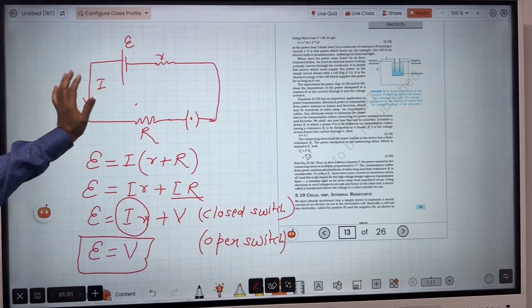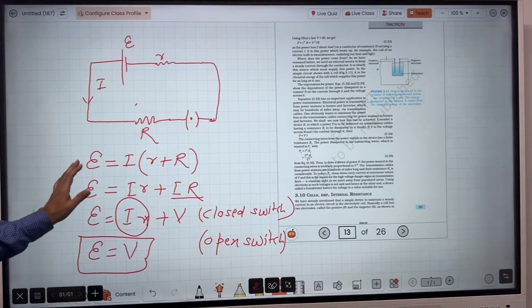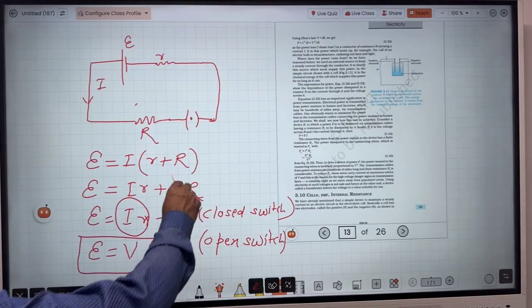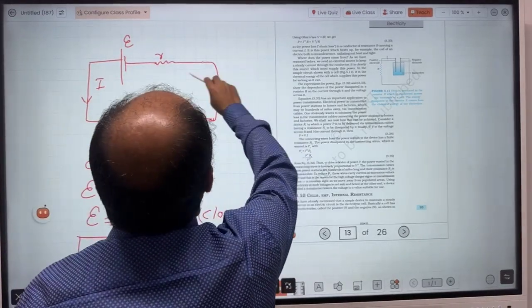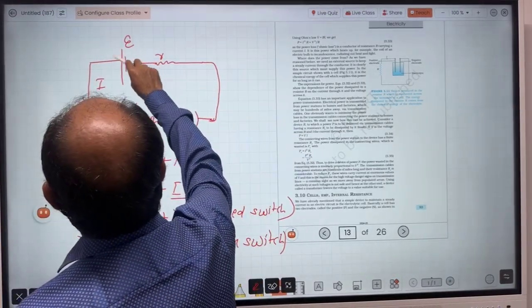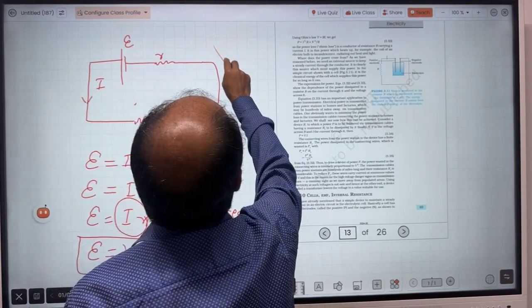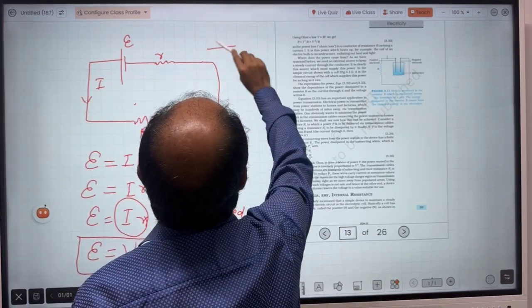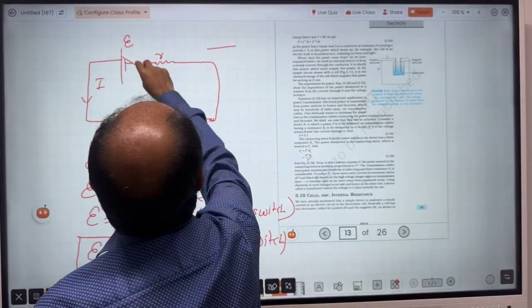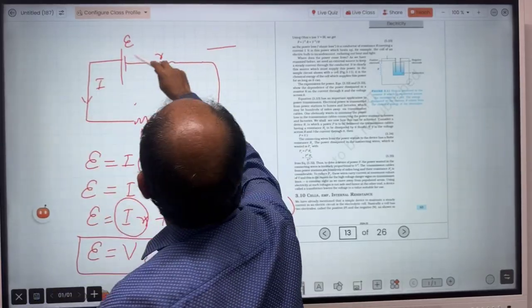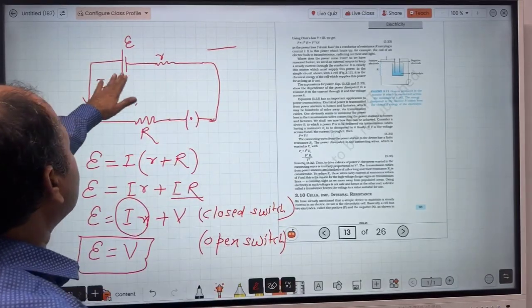Suppose cell is being charged. In that case, whether same relation will hold or not. So in that case, situation will be different because source will be connected to, here suppose there is AC source. So AC source will be connected to this terminal, but generally we use DC.